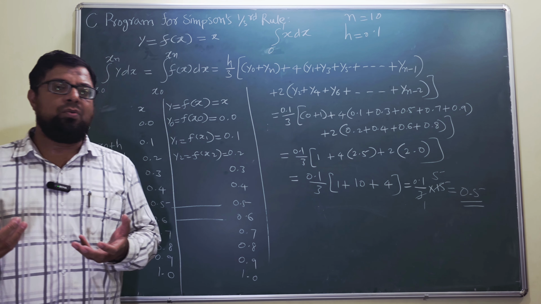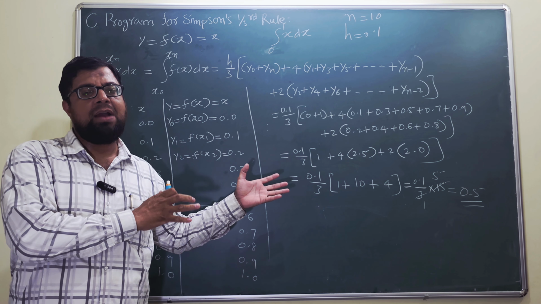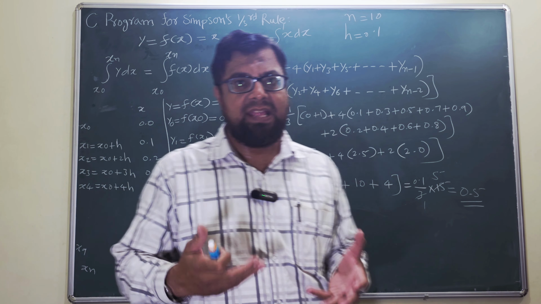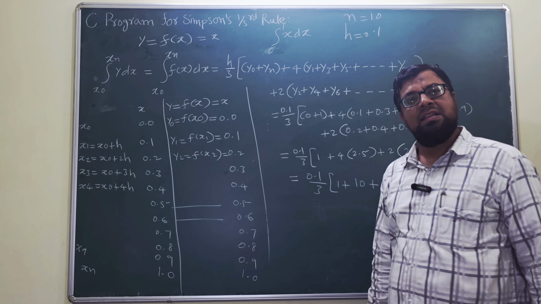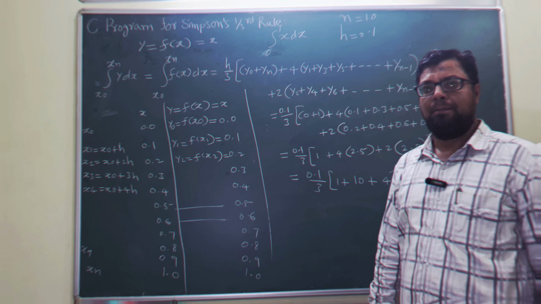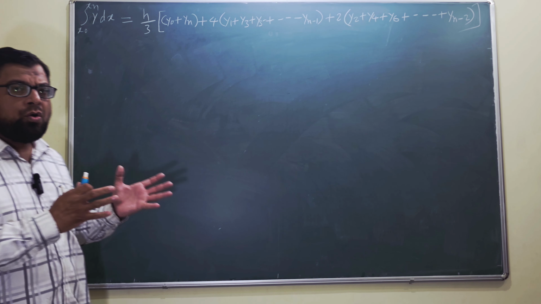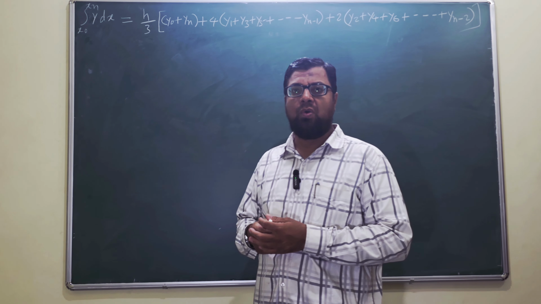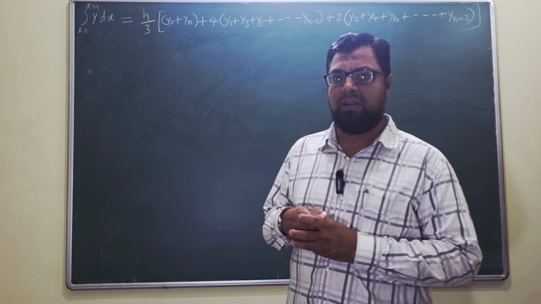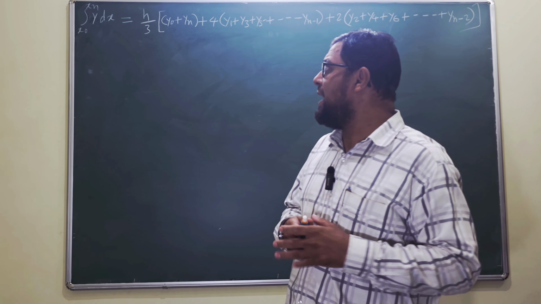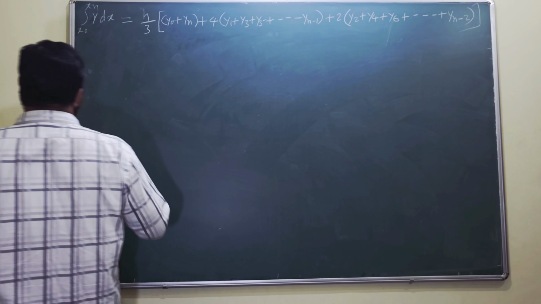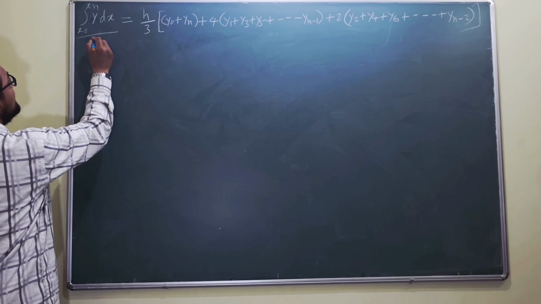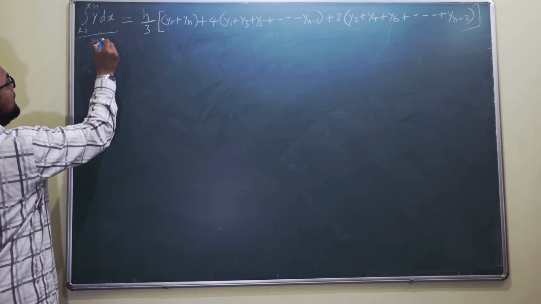Now we will write down a C program for the same, and I will explain the steps involved in the C program as well. Before writing the C program, this total integration we will call a sum.